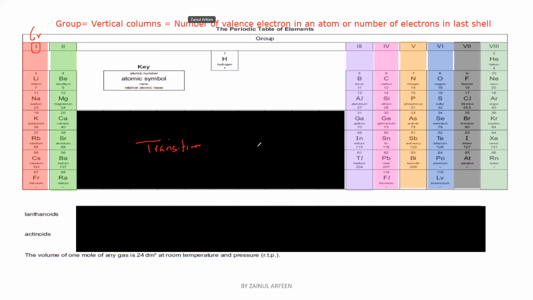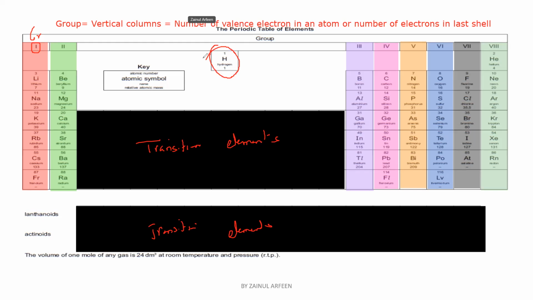There is a reason for that, but that is in chapter 10, where we'll discuss why transition elements are not placed in a specific group. You can also see another element which is not placed in a specific group, which is hydrogen.